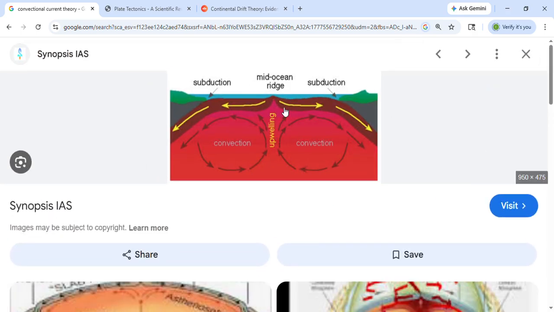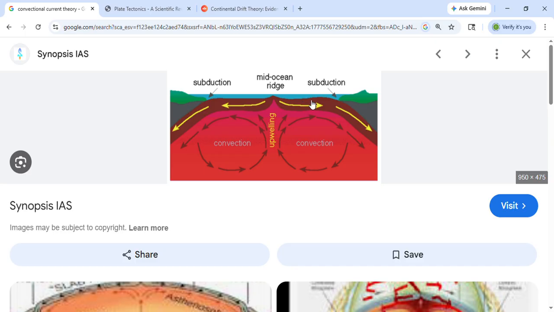In the 1930s, Holmes proposed the convection current theory. He argued that the thermal energy of radioactive elements in the mantle creates convective cells that drive crustal movement. For example, like the circular movement of boiling water in a pot that shifts the lid upward.